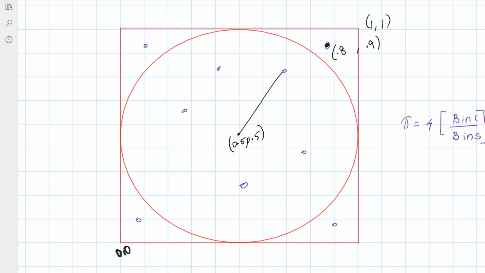If you remember, the change in X and change in Y. The distance formula essentially says: the square root of (x1 minus x2) whole square plus (y1 minus y2) whole square. If this value is less than 0.5, you conclude it is inside. If it is more than 0.5, it will be in one of these corner areas. It will be more than the circle's radius.